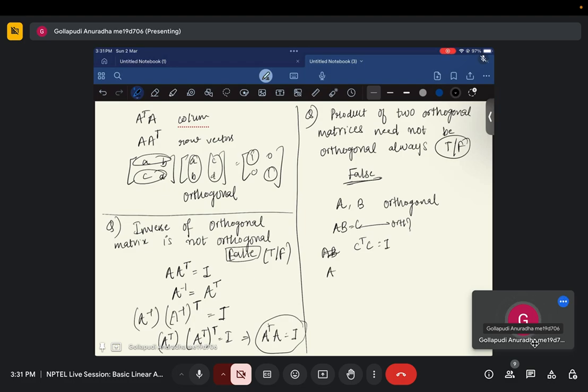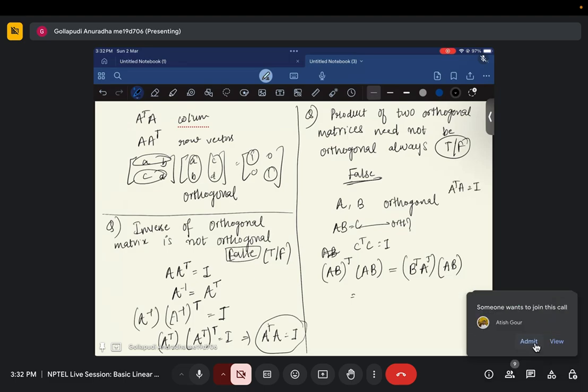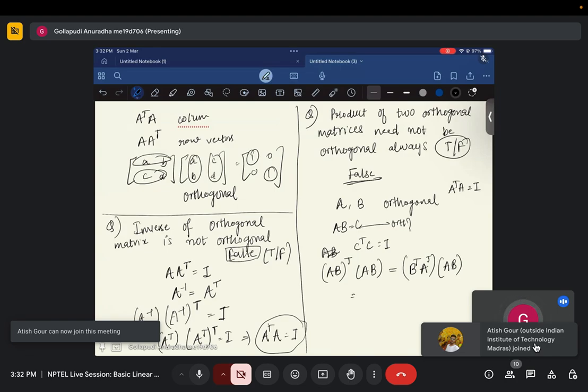So (AB) transpose into AB will be B transpose A transpose A B. A and B both orthogonal means A transpose A is I, so this will satisfy, and B transpose B is equal to I, so even this will satisfy.